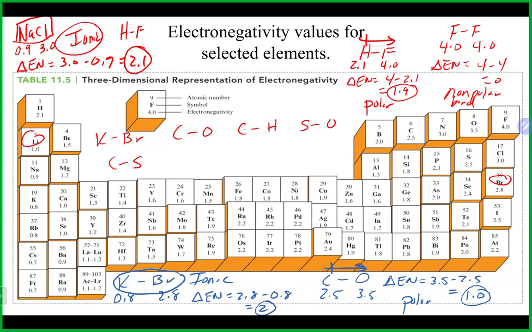Coming over here to carbon and hydrogen, carbon is going to be 2.5, hydrogen is going to be 2.1. So our difference in electronegativity, 2.5 minus 2.1, is 0.4. 0.4 means that this is going to be nonpolar. That's like the upper limit of nonpolar. And really the reason for that is pretty much organic chemistry.